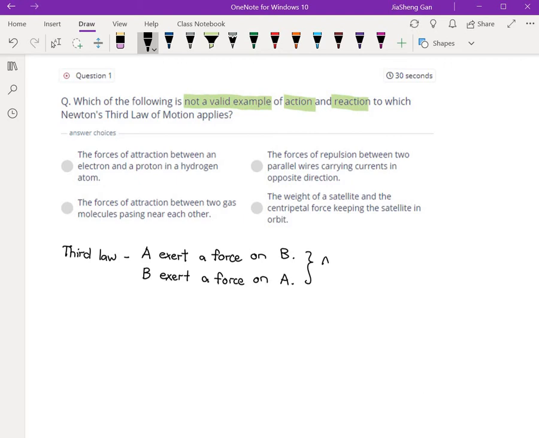We call this an action-reaction pair, and they have the same magnitude but different direction.